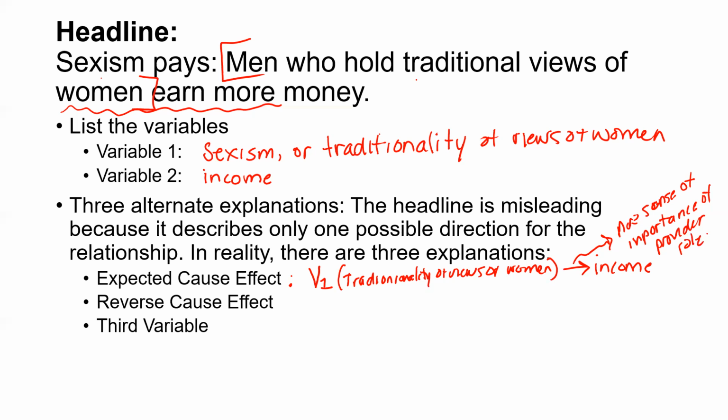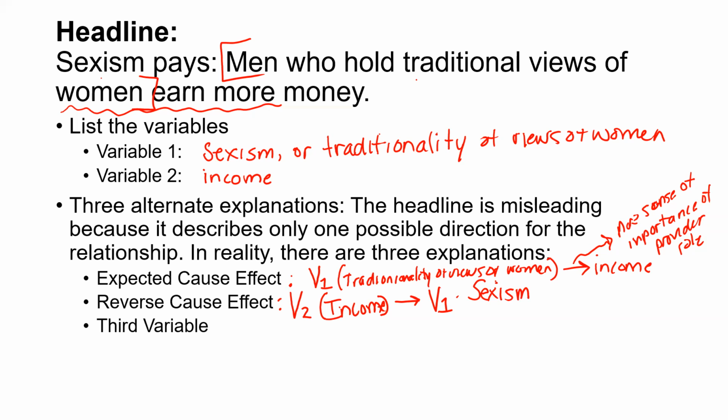Could it be that the reverse is also true, that variable 2, income, could cause men to have more traditional views of women? I'm just going to put variable 1, and I'm going to just write sexism for the sake of not having to write so much when I'm in front of everyone.